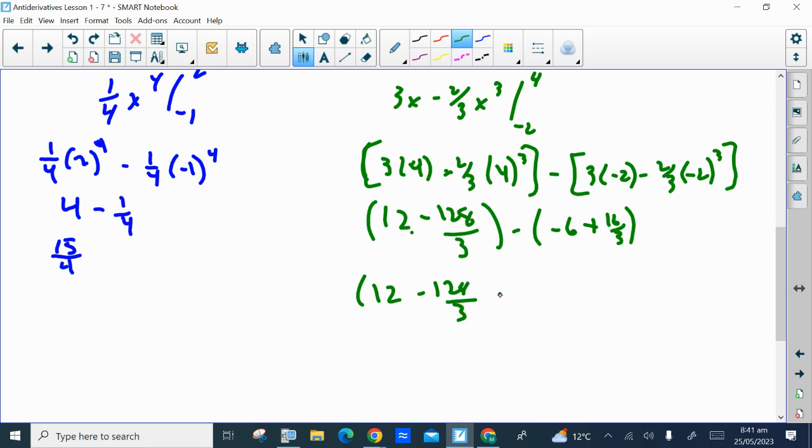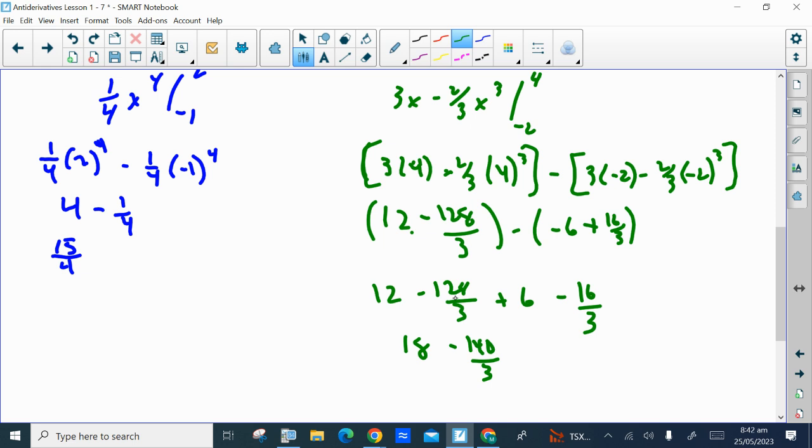And we don't really need a bracket there. That'll be a plus 6 and a minus 16/3. So 12 and 6 is 18. Let me just check that again. So that'll be a plus 6 and a minus 16/3.